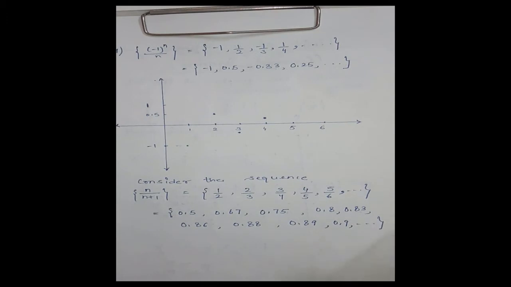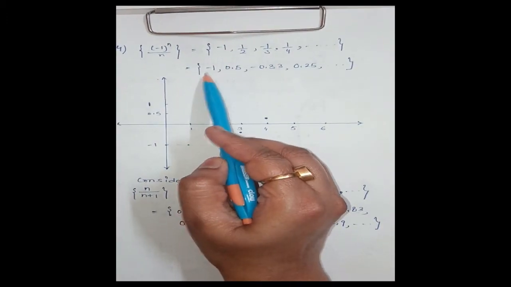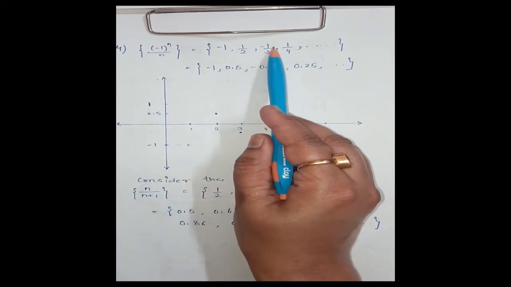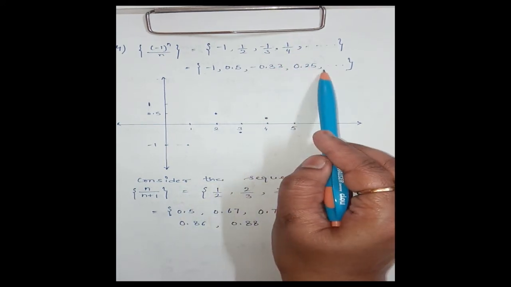Now, consider the graph of the sequence (-1)^n divided by n. The terms are -1, 1 by 2 that is 0.5, -1 by 3 that is -0.33, 1 by 4 that is 0.25.